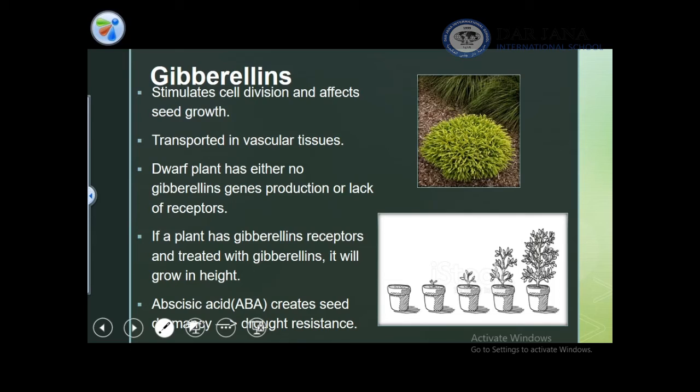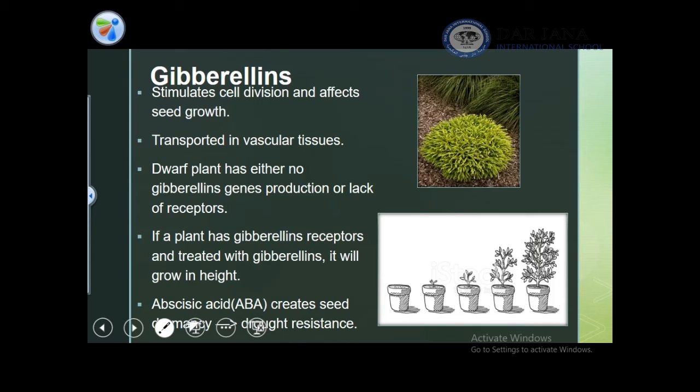There is another hormone that could be available in seeds. It is called the abscisic acid hormone. The abscisic acid is dominant in the seed over the gibberellins. So both hormones could be available inside the seed, but abscisic acid is dominant over the gibberellins, and it makes a kind of drought resistance by making the dormancy of the seed.